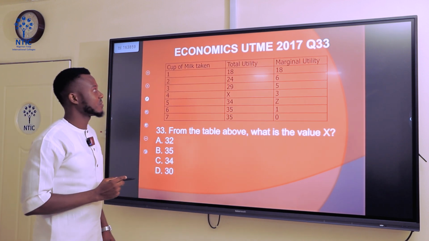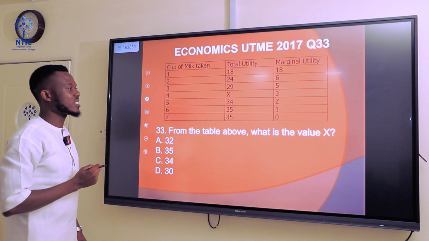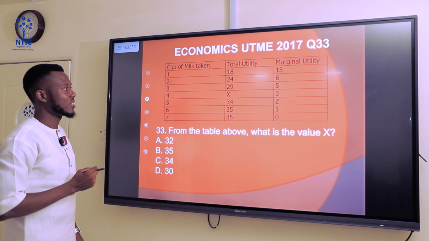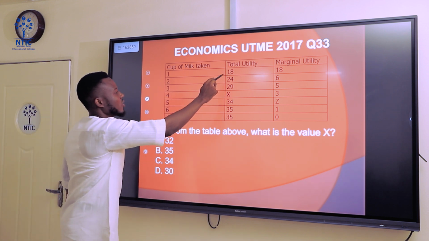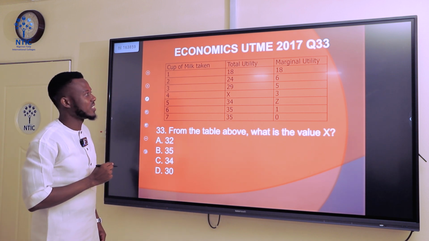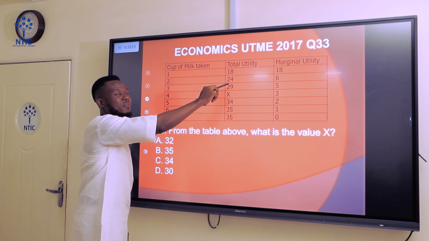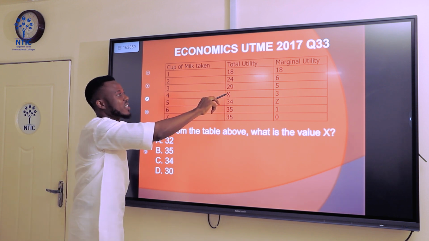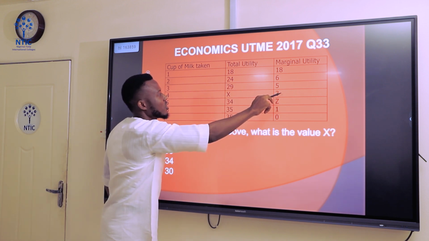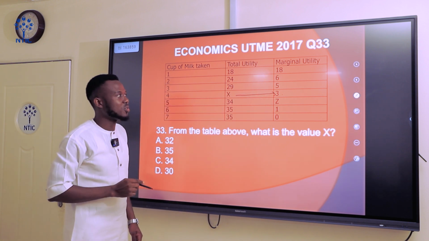Question 33. From the table above, what is the value of X? We find that under the total utility, the value of X is to be determined. In order to get this, we simply add the preceding value before X with the value on the same line, which is 3, under the marginal utility.